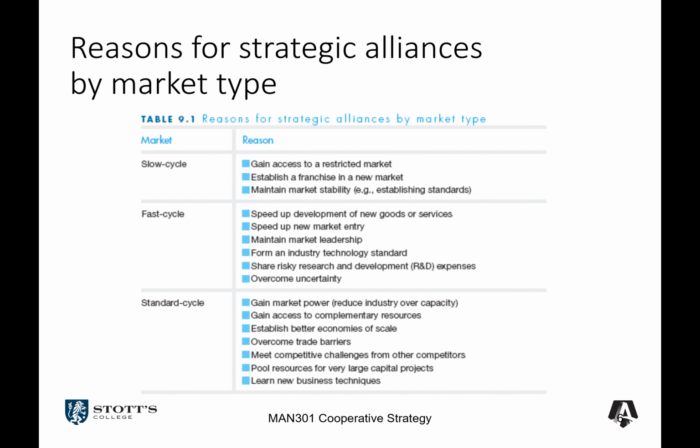So establishing standards of different formats goes at every level of every market. So this is not one of those four-way separated models. There are clearly most likely reasons for a firm in a slow, a fast, or a standard cycle market to seek to establish a strategic alliance. But there's a fair amount of blurring between those motivations as well.